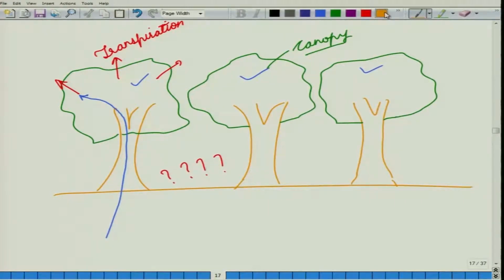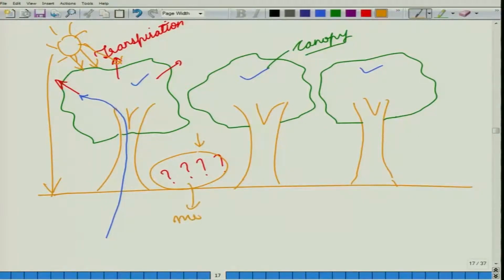At the same time, if we consider the sun, over a piece of bare ground all its rays are able to reach directly, but at this location the rays of sun can only go to the canopy and very little amount of light will be able to reach through to this point. So it will be moist because your sun rays are not leading to this temperature rise and leading to a loss of moisture. So this region is moist.